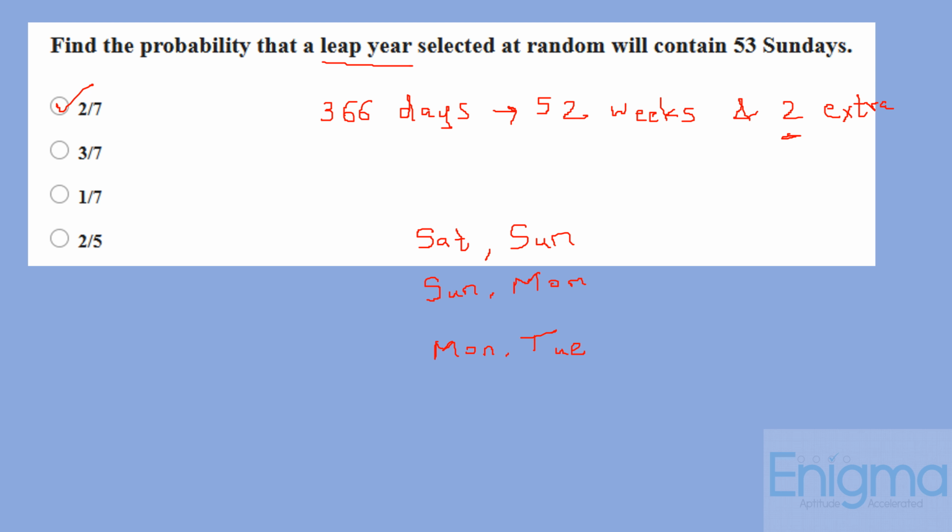We can see the others: Monday, Tuesday, then Tuesday, Wednesday, then Wednesday, Thursday, then Thursday, Friday, and the last one will be Friday, Saturday. So these are the 7 total outcomes. Favorable outcomes are only 2, and hence your answer is 2 by 7.